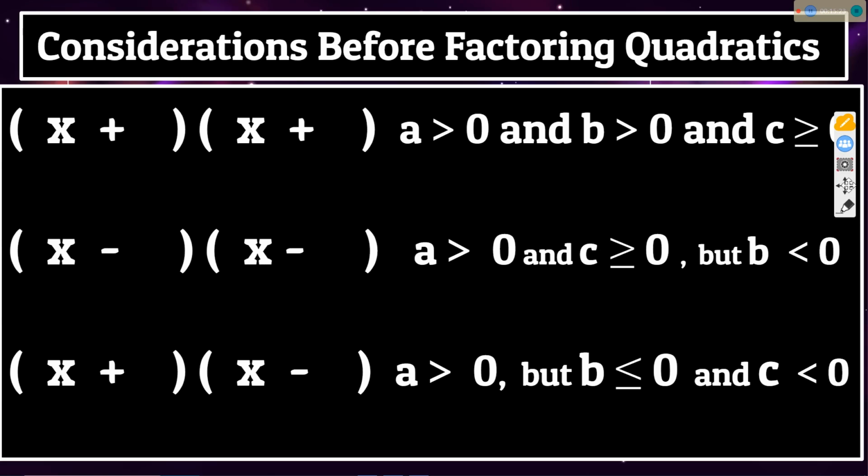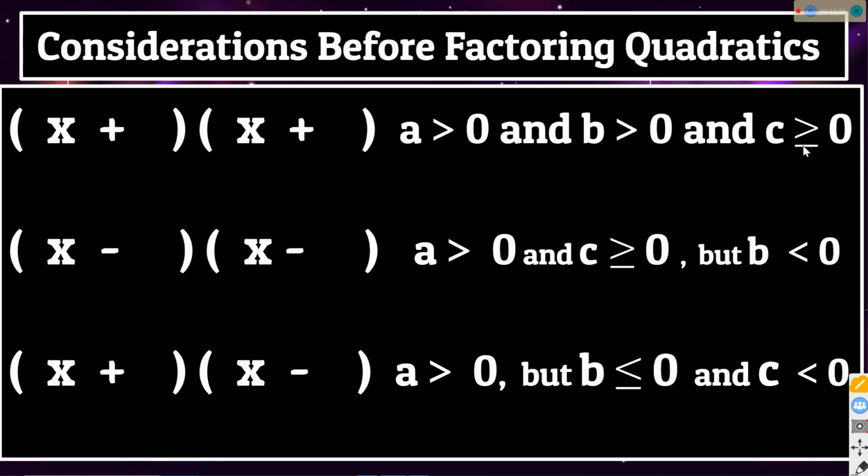So I made this table here so that we could think about what was happening, and in this chart you'll notice that a is greater than 0 in all cases. In a separate video we'll talk about what to do when a is less than 0, but assuming that a is greater than 0, the next thing we have to think about is what's happening here.